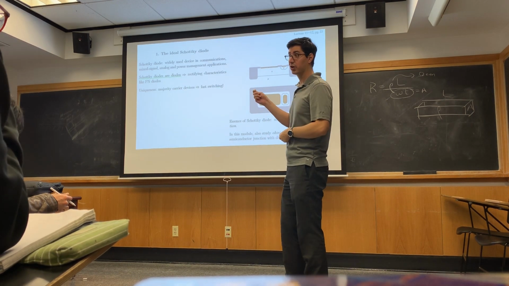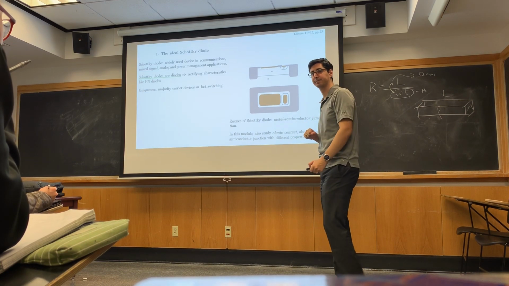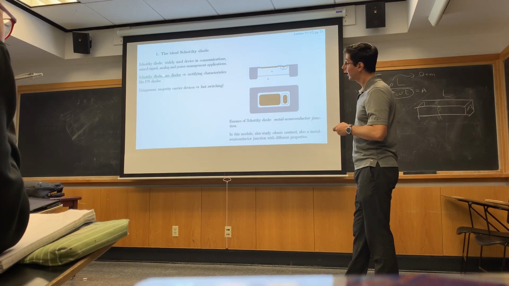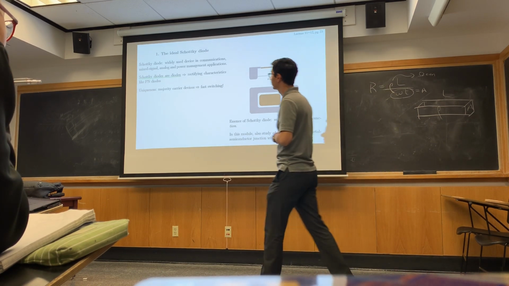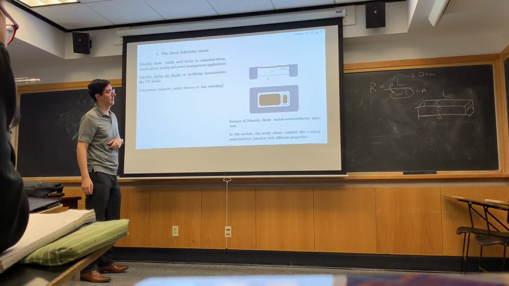If it's a majority carrier, we can pull those carriers out very quickly through the contact. Okay? Schottky diodes are diodes. They have rectifying characteristics, but they're majority carrier devices with fast switching.